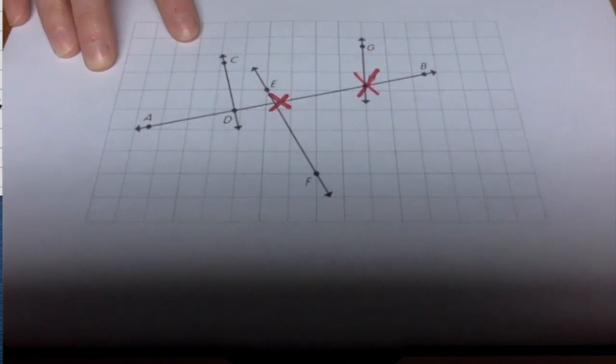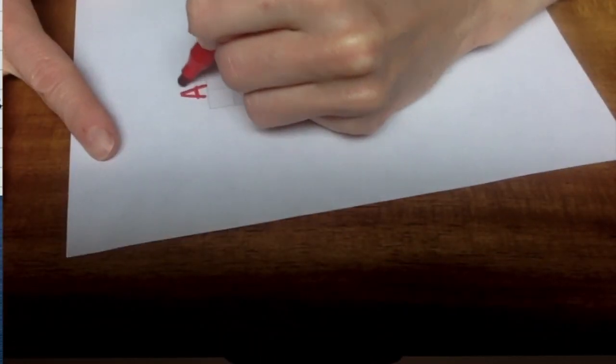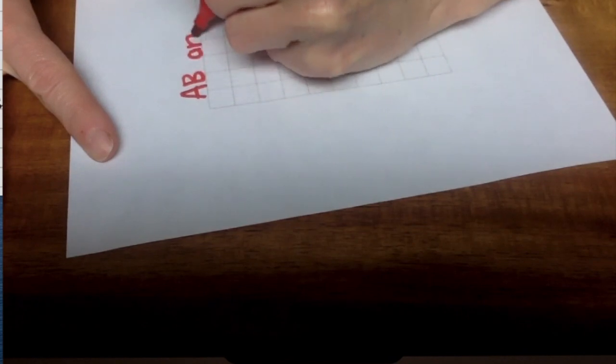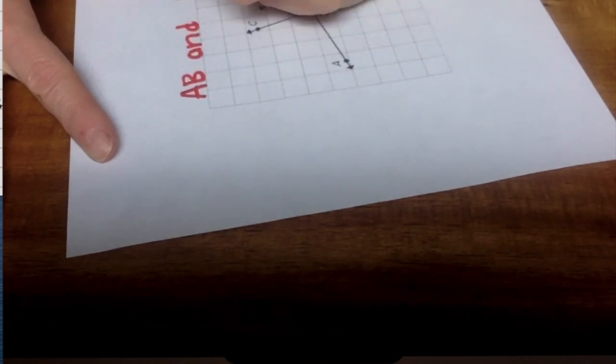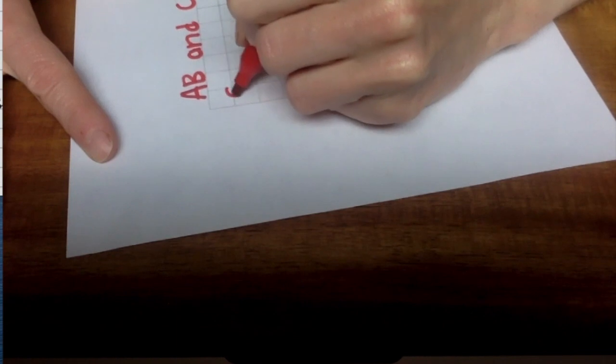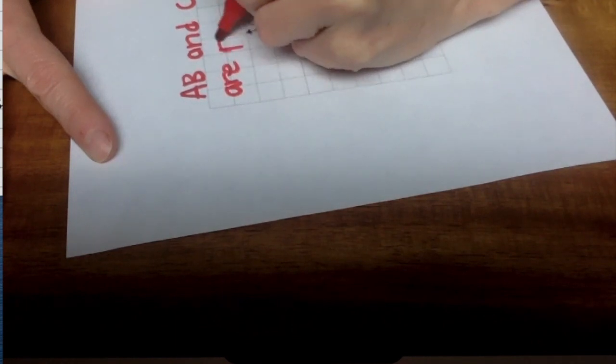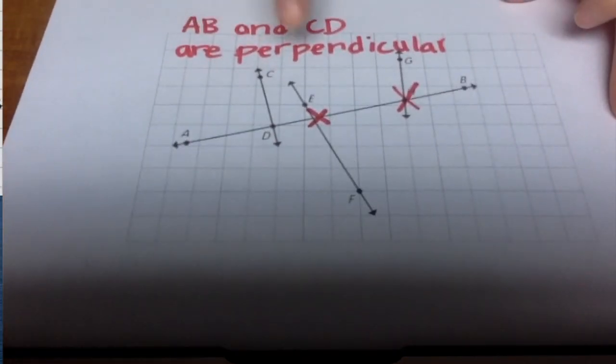So we would say that AB and CD are perpendicular. The way that these two lines intersect form a right angle, so AB and CD are perpendicular.